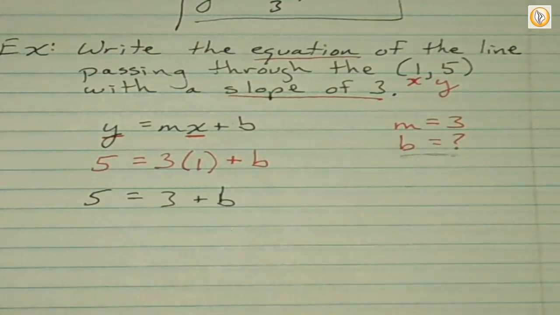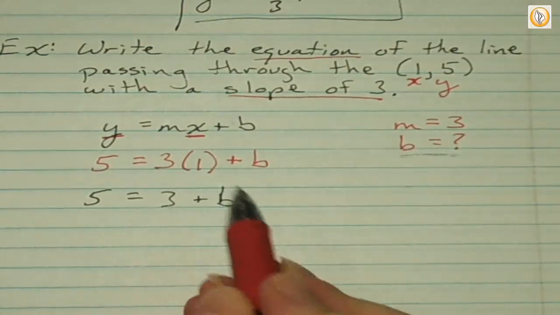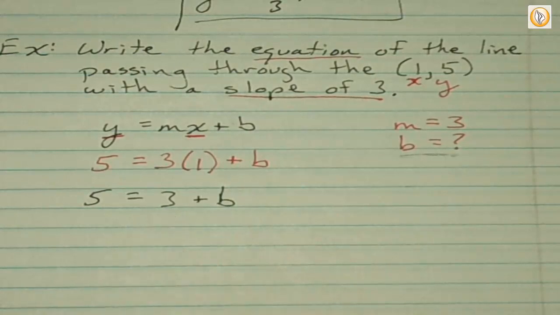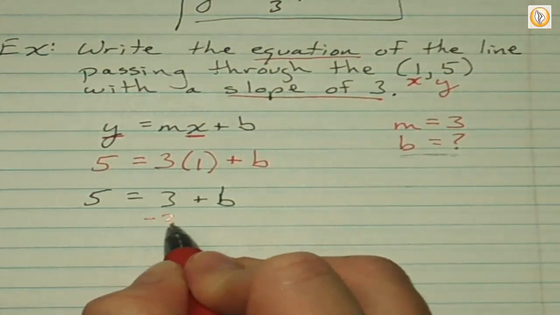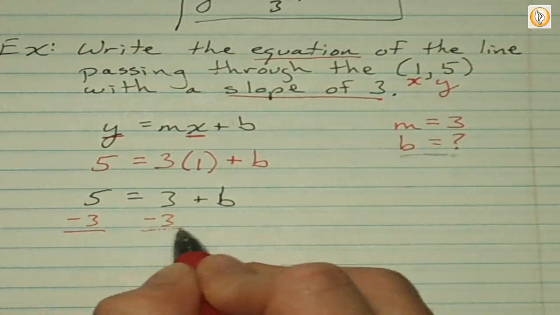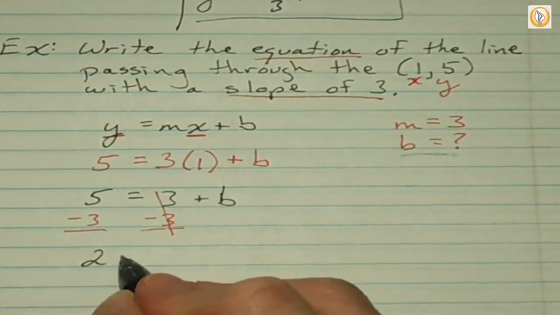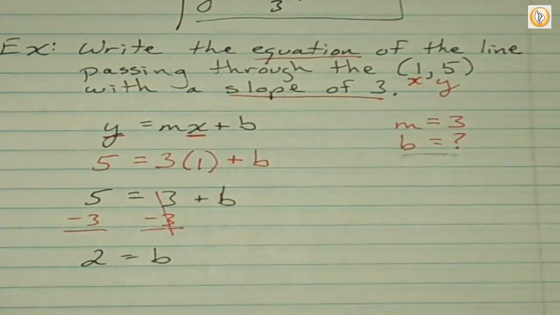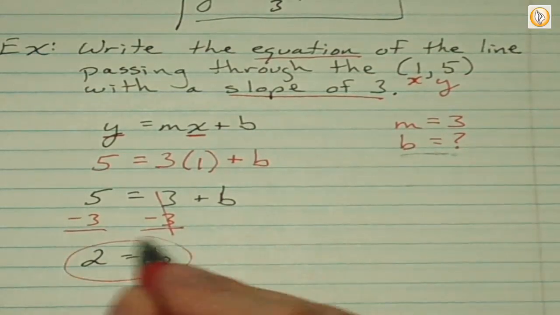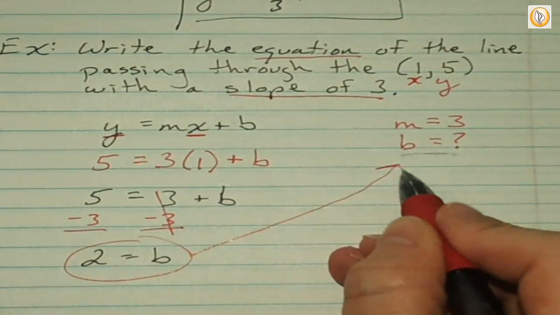To isolate the variable. Okay, so I want to get rid of this 3 to leave b all by itself. And you're correct. We want to subtract 3 on both sides. So this cancels out, and I'm left with 2 equals b. So now I have my b.